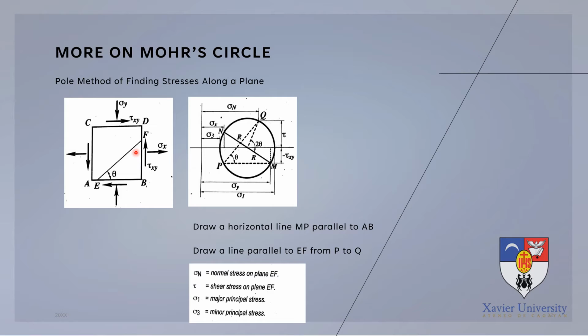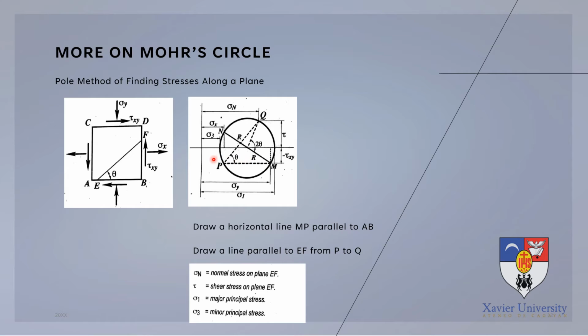So more on Mohr's circle, we have the pole method of finding stress along a plane, that is plane EF in this case. First we have to plot the points N and M here using the given stresses in the problem, and then draw a line MP parallel to AB, which is horizontal.